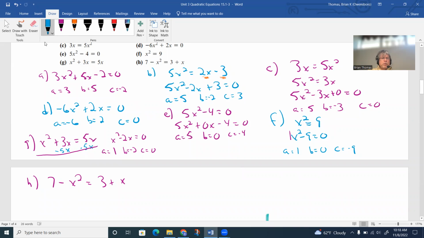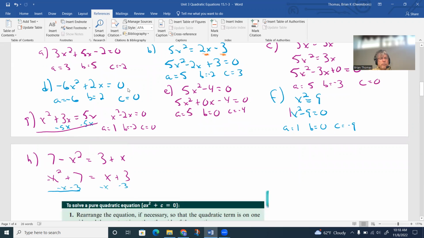The first thing I would probably pick up on is I'd rather have this as -x squared plus 7 is equal to x plus 3, putting things in the correct order. But I still have to move the x and the 3 over. So I want to subtract an x and I want to subtract a 3 from both sides.